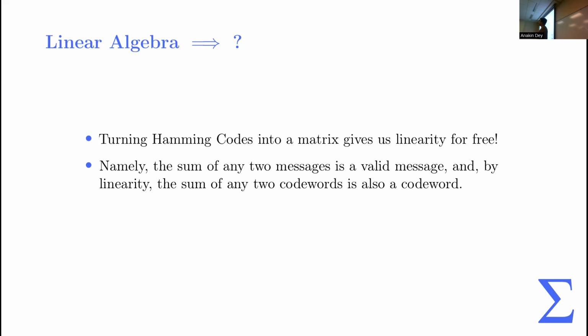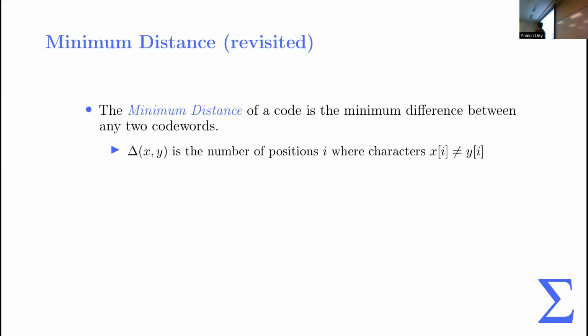But that also means that the sum of any code words is also a code word, because if you multiply something with a matrix, (x plus a) times the matrix is the same as x times the matrix plus a times the matrix. We're going to prove some interesting properties using the fact that these are linear.